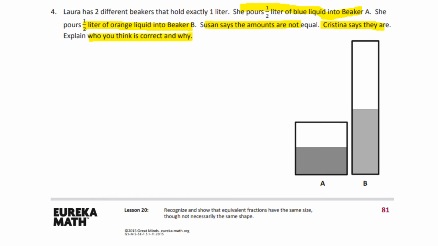It says Laura has 2 different beakers that hold exactly 1 liter. She pours half a liter of blue liquid into beaker A, which is right here. She pours half a liter of orange liquid into beaker B, and I'm going to change how I highlighted these.